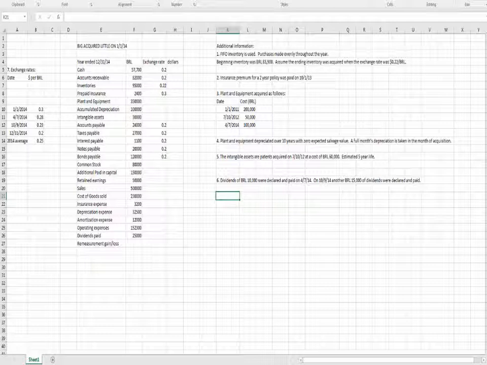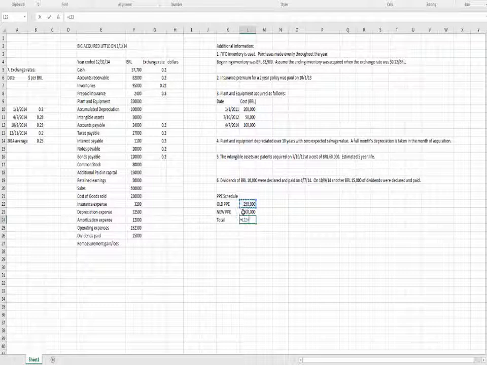So let's go ahead and do a little schedule for the property, plant, and equipment, and basically we have old PPE versus new PPE. The old stuff, we had 250,000, the new stuff 100,000, for a total of 350. The exchange rates, again, the old stuff we're going to use the rate that existed when we acquired Little. The new stuff we're going to use the rate that existed on April 7th.